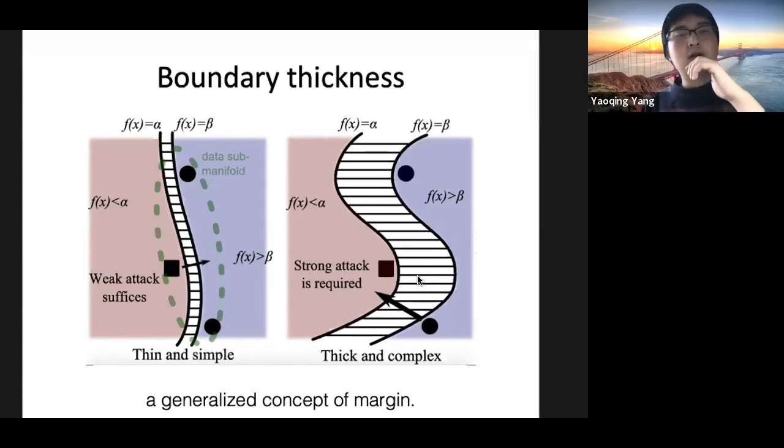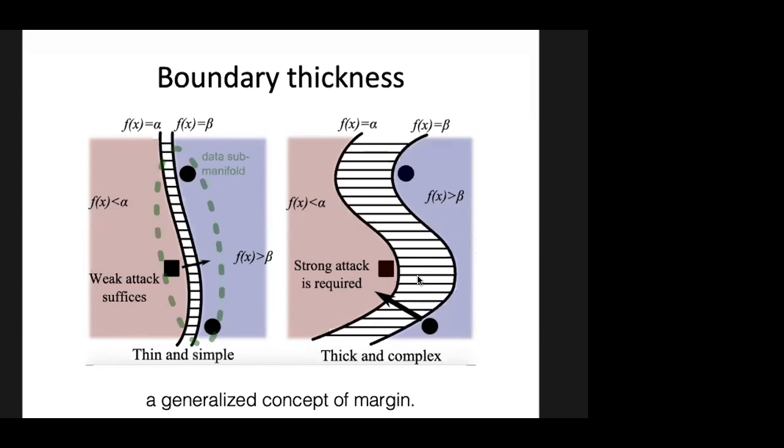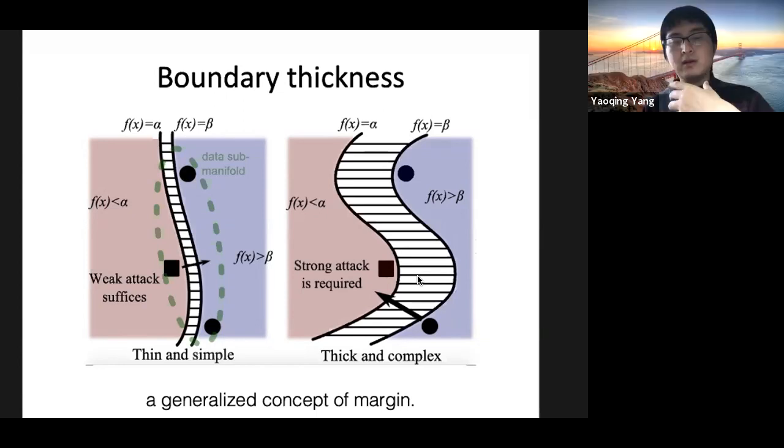I don't think there is a clear relationship, because we actually tried to change alpha and beta as well as the strength of these attacks. Of course, you cannot really make the attack extremely large or extremely small.